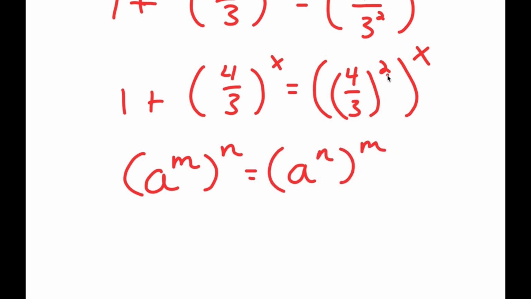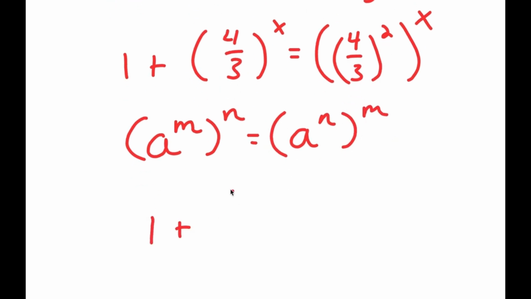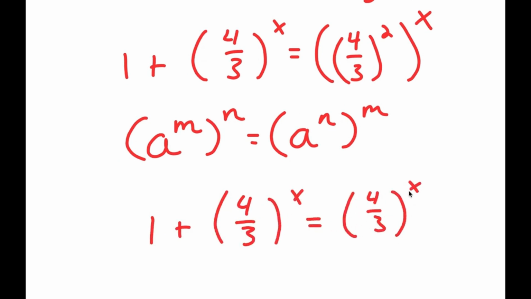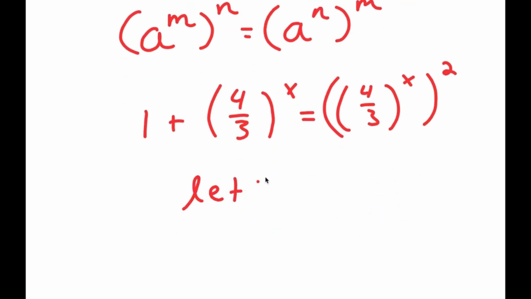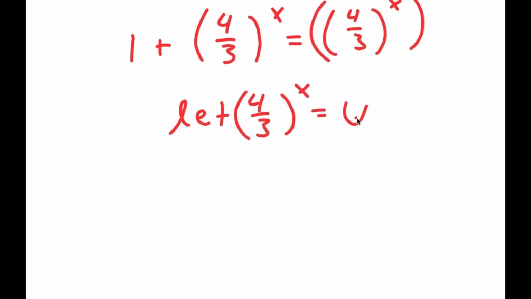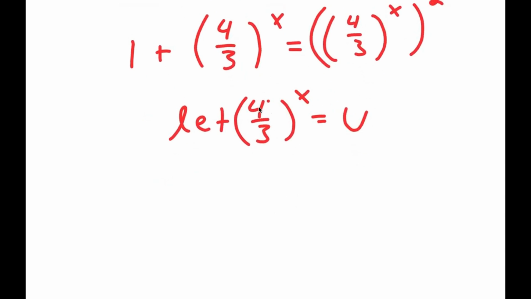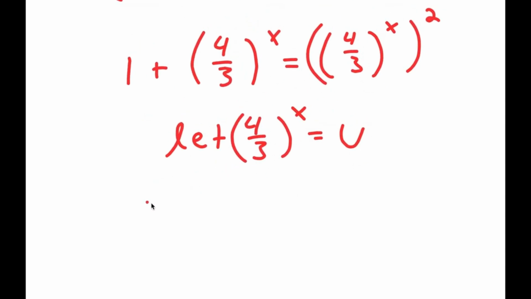So 4 over 3 to the power of 2 to the power of x, I can rewrite that as 4 over 3 to the power of x to the power of 2. And now I'm going to let 4 over 3 to the power of x equal to the variable u. So if I substitute in u for 4 over 3 to the power of x, I get 1 plus u is equal to u squared.